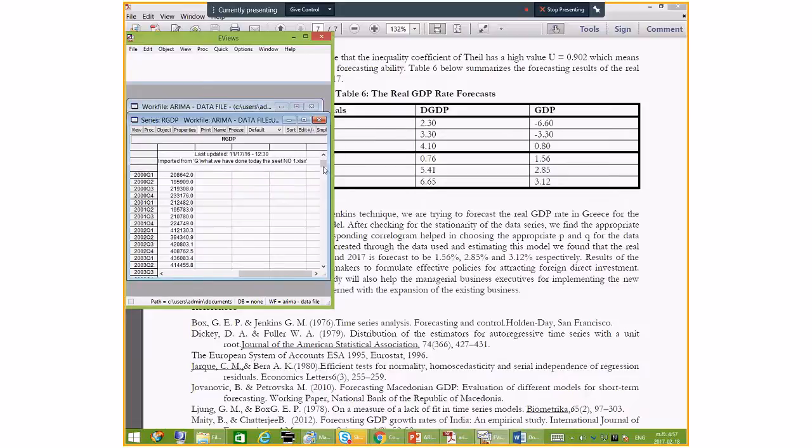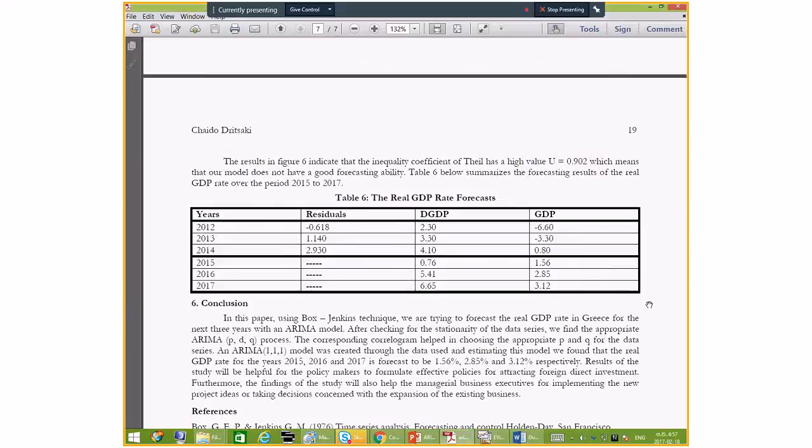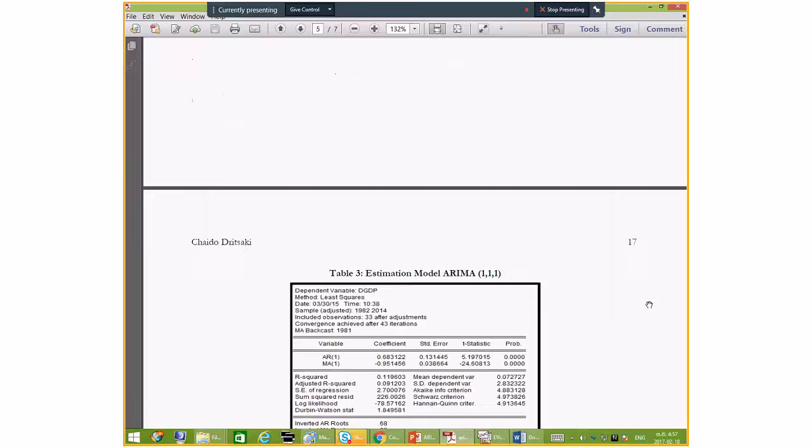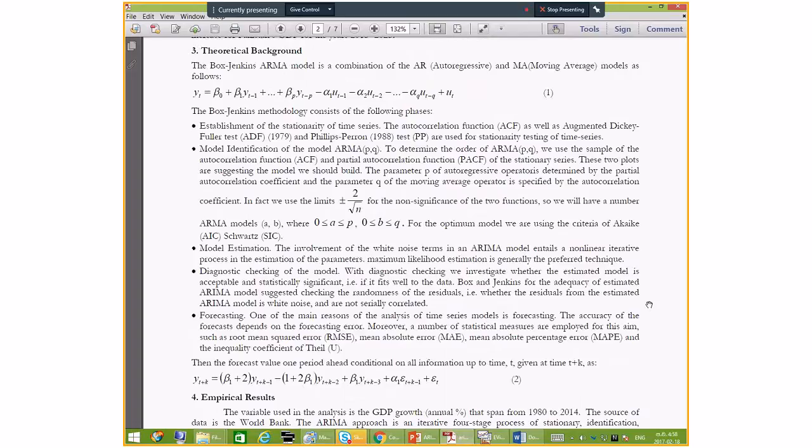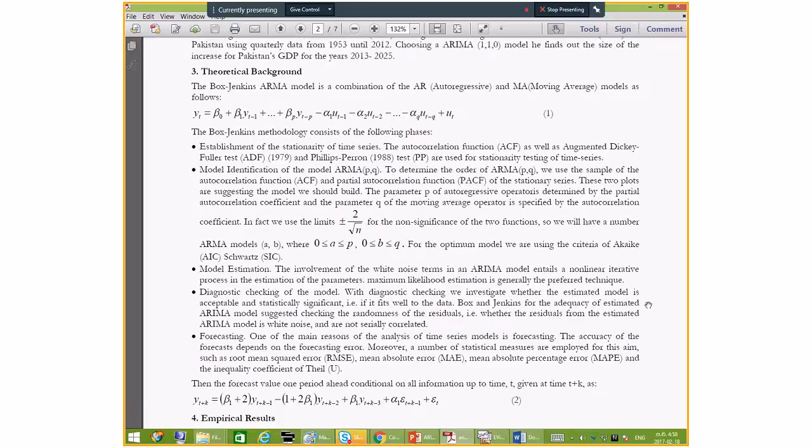First, check the autocorrelation function. Follow this step first. This is the Box-Jenkins methodology. Apply this Box-Jenkins methodology.